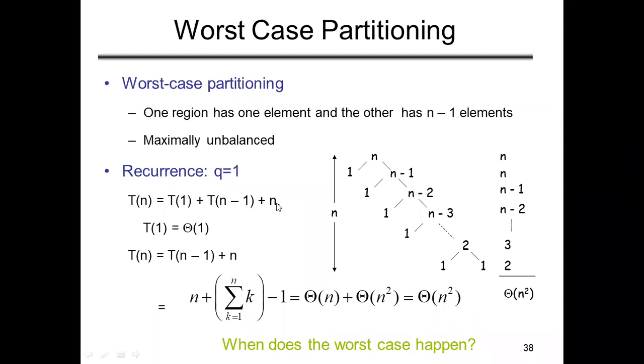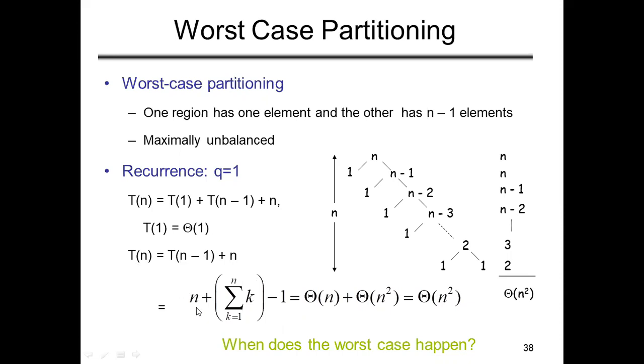N is the function, that is f of n, which we take for combining the elements of the given array. So T of 1 is equal to theta of 1, since 1 is the value for this. So finally, T of n is equal to T of n minus 1 plus n. Since you can take T of 1 as a constant value, that is 1.